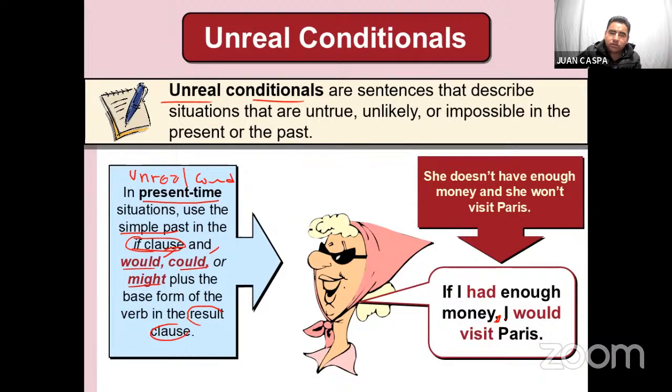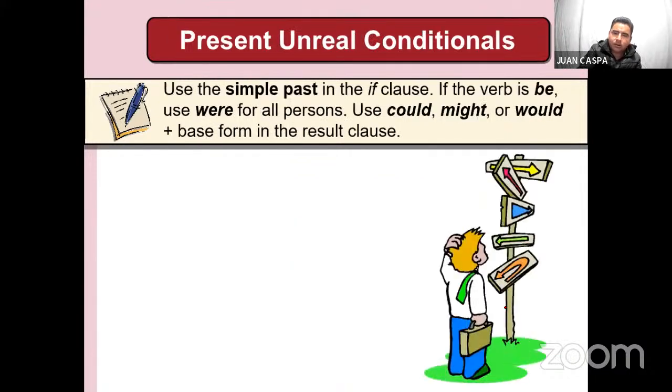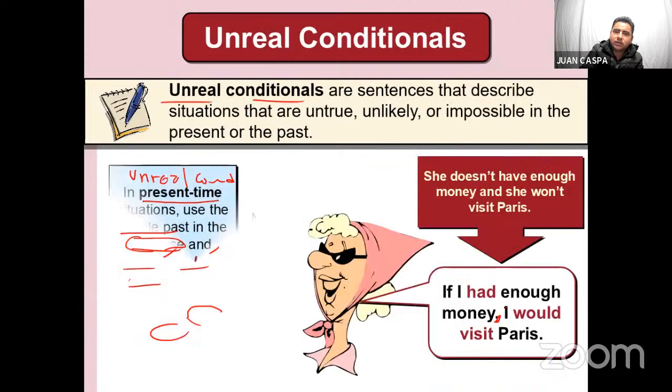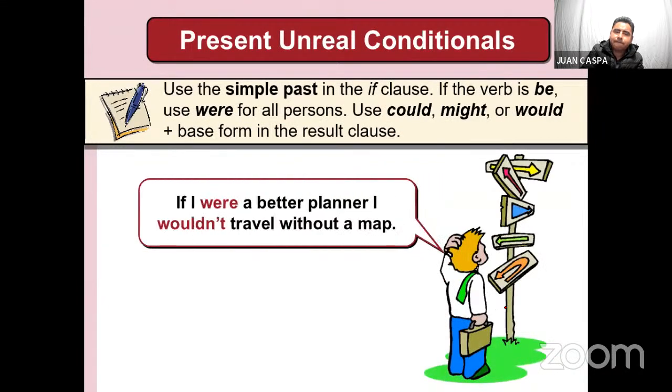That can also be, I could go to Paris, or I might visit Paris, any of them. But in present unreal conditionals, we use the simple past in the if clause. If the verb is be, use were for all persons. That was the first, unreal conditionals in general, right?